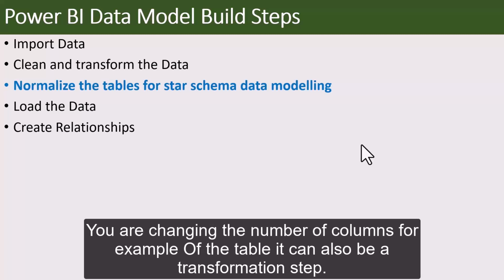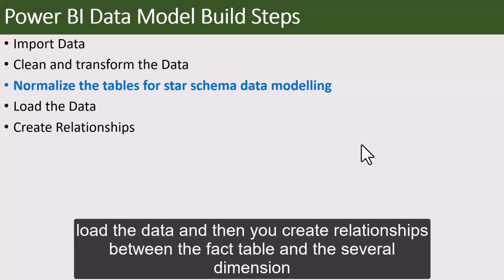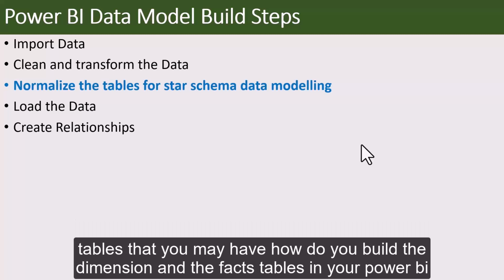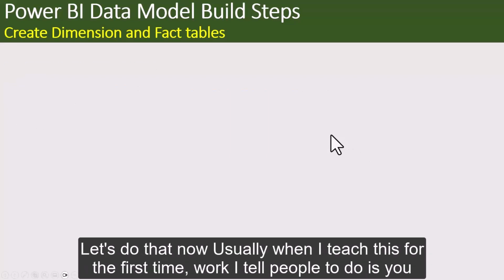This you usually want to do inside Power Query. Once you are done with that, you load the data, and then you create relationships between the fact table and the several dimension tables that you may have. How do you build the dimension and the fact tables in your Power BI?